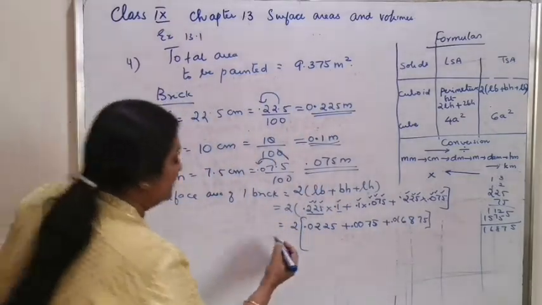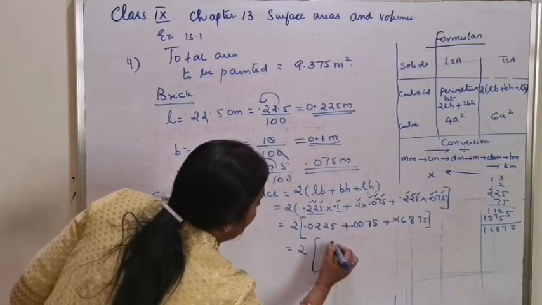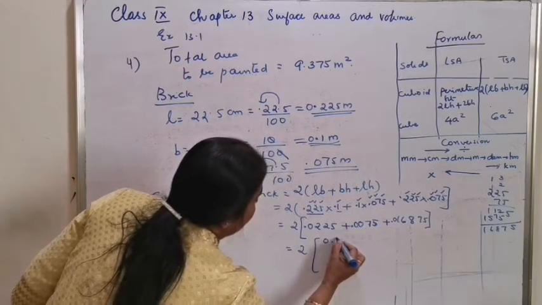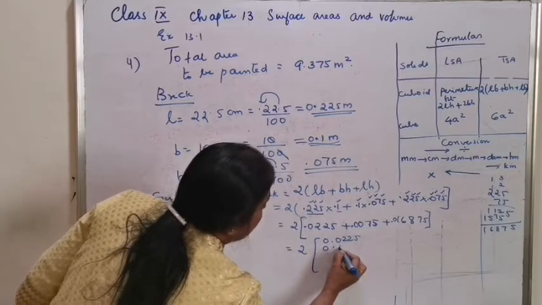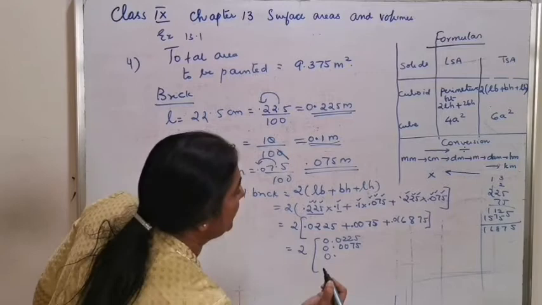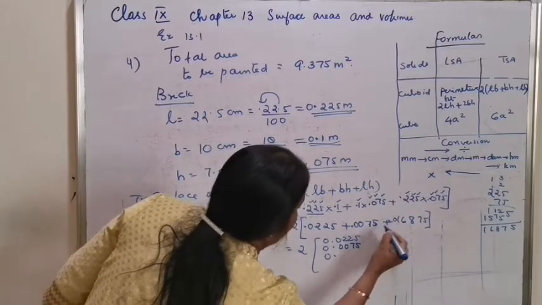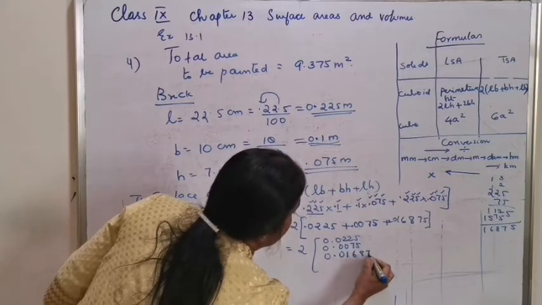Let's add, then multiply by 2. 0.0225, 0.0075, 0.016875.